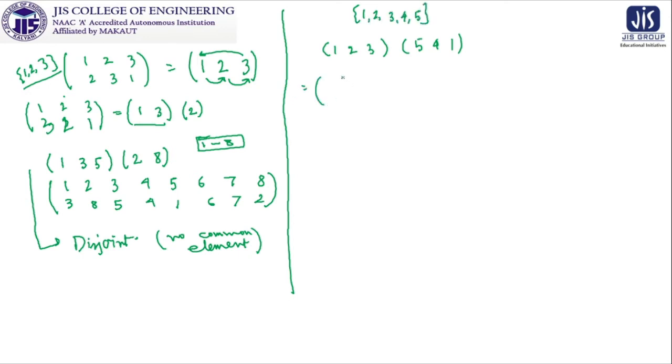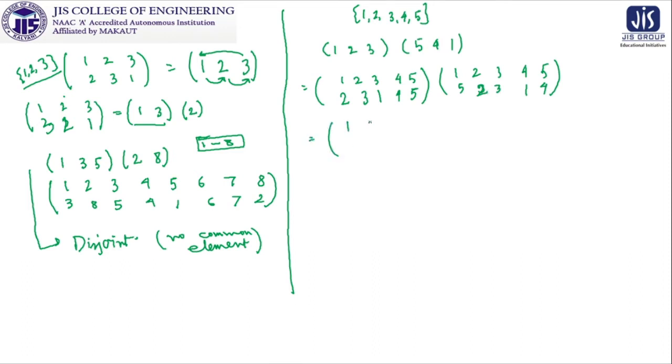So we can write it as 1 2 3 4 5, and here also 1 2 3 4 5. What we get? 1 goes to 2, 2 goes to 3, 3 goes to 1, 4 goes to 4, 5 goes to 5, and 5 goes to 4, 4 goes to 1, and 1 goes to 5, 2 goes to 2, and 3 goes to 3.